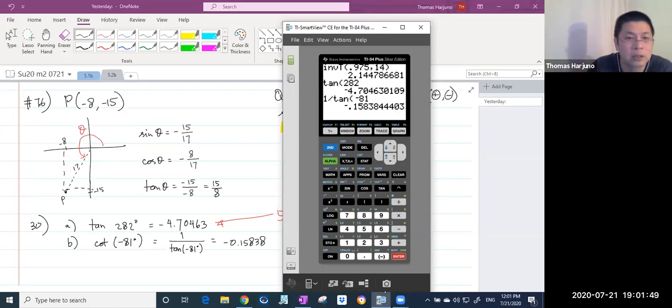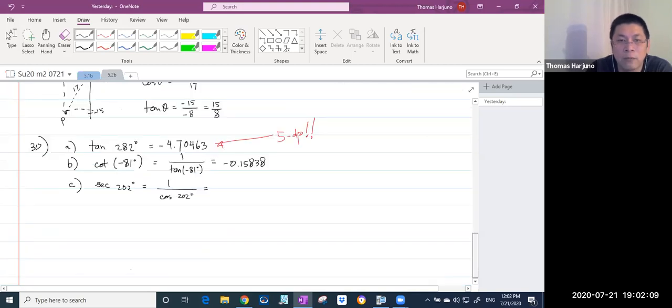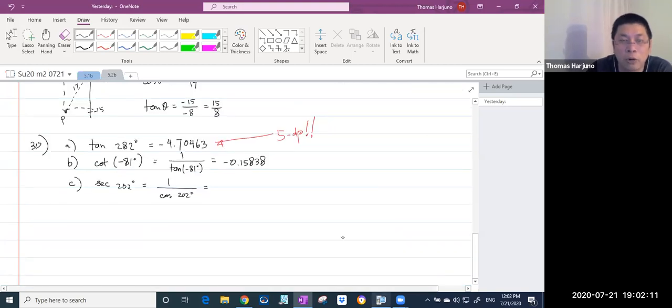Likewise for part C, we have secant 202 degrees. Secant is the reciprocal of cosine. So that's what you write first. Then from there, you plug into your calculator. It's already in degree mode, right?